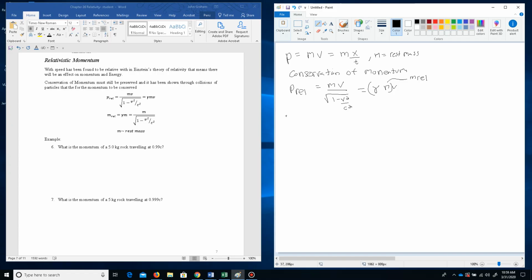Alright, so let's do example 6. We want to know what the momentum of a 5 kilogram rock traveling at 0.99 c is. So 5 kilograms is your mass. So I'm going to find the relative mass first. That will be the mass over square root of 1 minus v squared over c squared. And I get 5 over the square root of 1 minus 0.99 c squared over c squared.